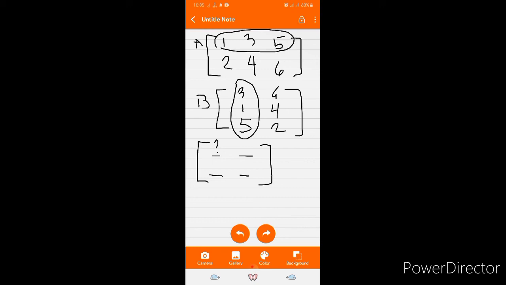So 1 times 3 is equal to 3, and 1 times 3 is equal to 3, and 5 times 5 is equal to 25. So add each term, so we will have 31. So this is 31.